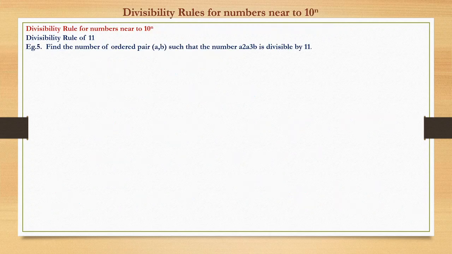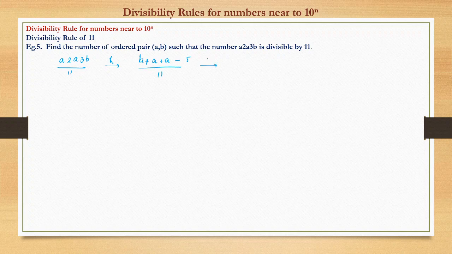Now find the number of ordered pairs (a, b) such that the number a2a3b is divisible by 11. So a2a3b by 11. What I do is, from the right hand side I check b plus a plus a minus 2 plus 3 minus 5 should be divisible by 11.